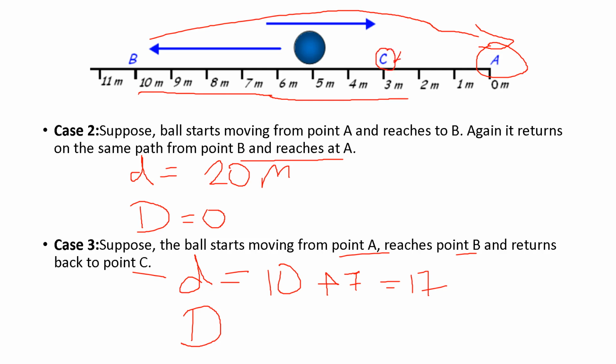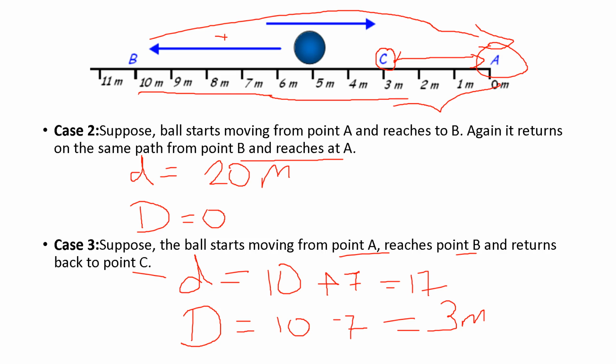Okay, now let's see what is the displacement of this ball. Now the ball has reached point C. So to calculate the displacement, we only need to find the distance between point A and C. And we can see that it is 3 meter. Okay, it is 3 meter. So it is 10 minus 7, that is equal to 3. So this is the displacement between point A and point B. Sorry, point A and point C.